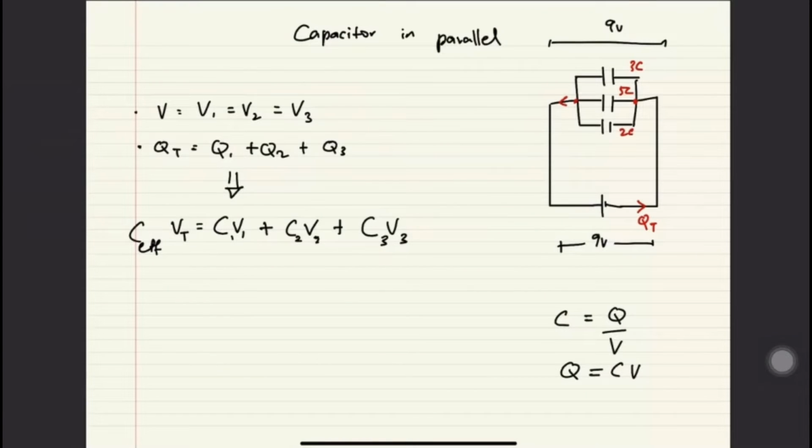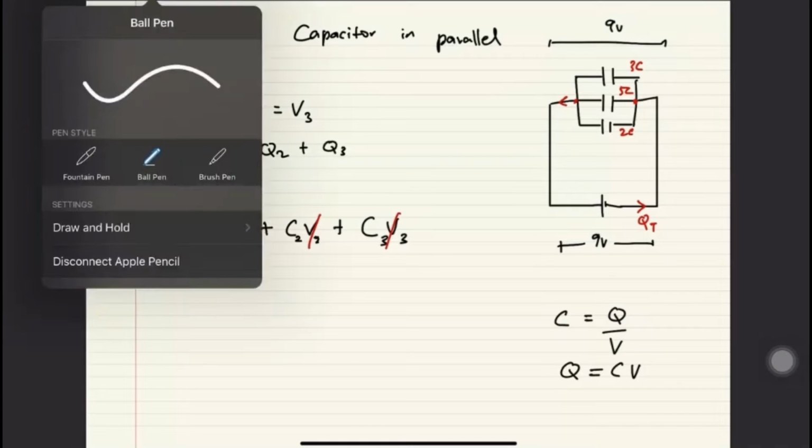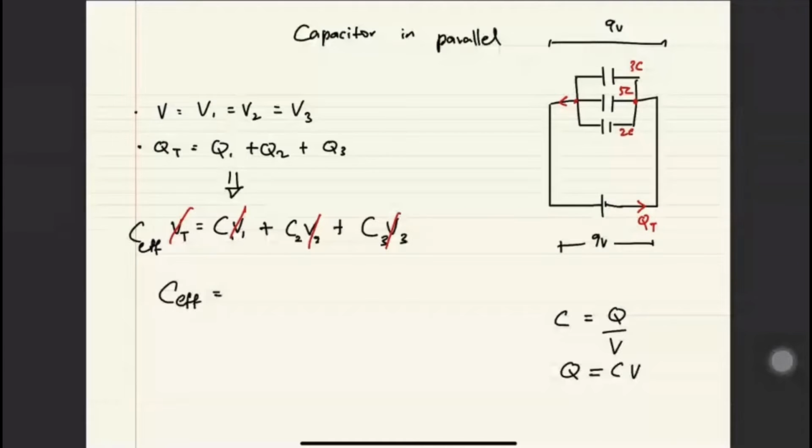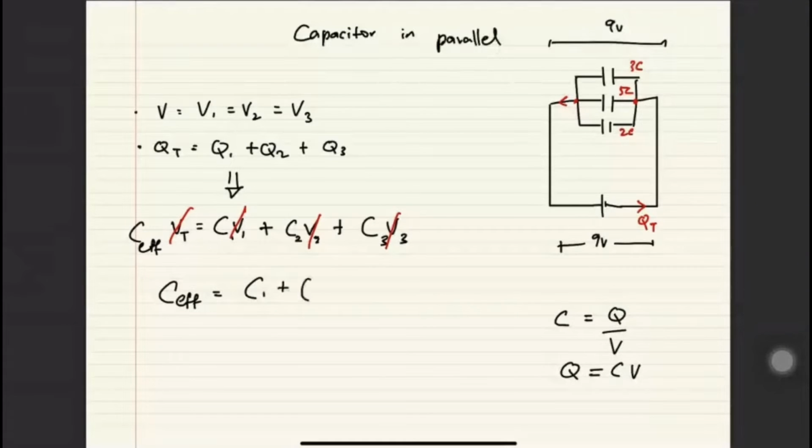Since the voltage is the same, I can cancel it out, so you are left with C effective equals C1 plus C2 plus C3. Okay, any question? No. Okay.